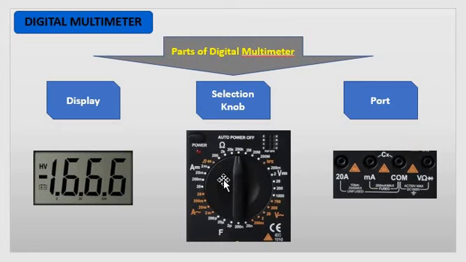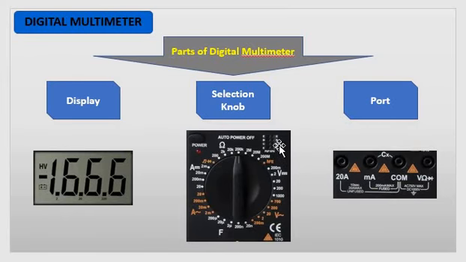Here you can observe for DC ammeter we have to use this range, for AC ammeter we have to use this range. If we have to measure the capacitance, then we have to use this range. For AC voltage measurement we have to select this range. For DC voltage measurement we have to select this range.